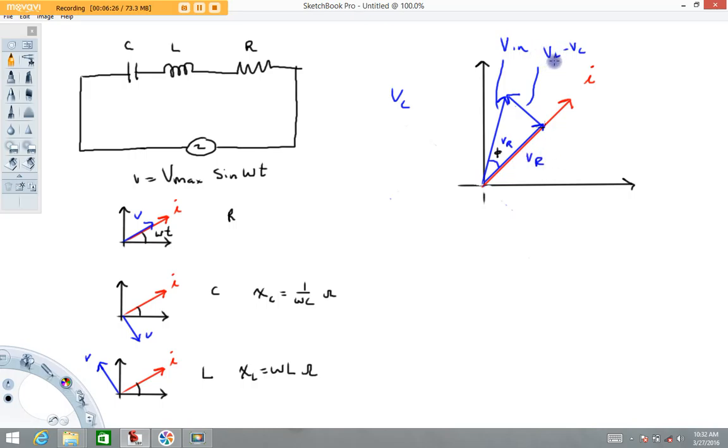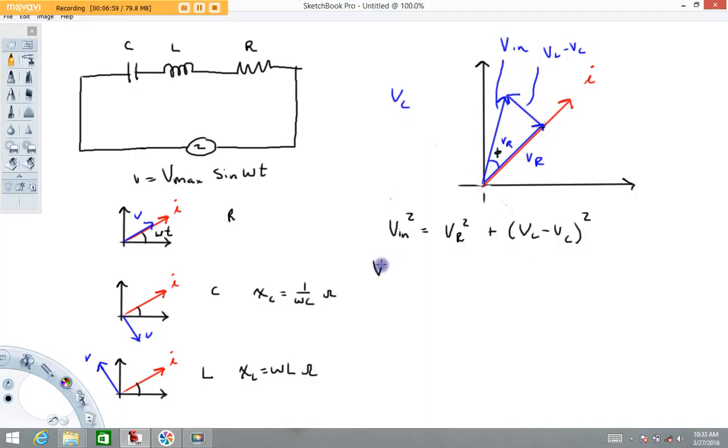V sub L is equal to I X sub L, and V sub C is equal to I X sub C. The input voltage squared is equal to V sub R squared plus this leg squared, V sub L minus V sub C squared. That's the Pythagorean theorem on this triangle.